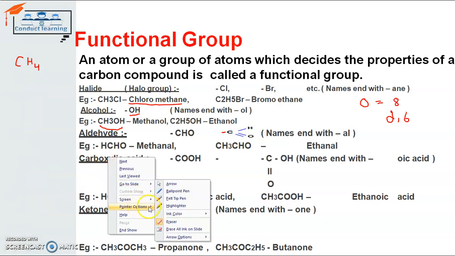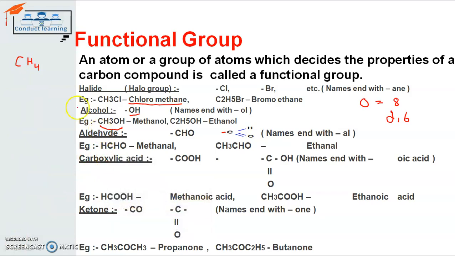As we all know, the chemical formula for methane is CH4, and methane contains only a single carbon atom. This single carbon atom is already there in the functional group of aldehyde. That is to say, the carbon already has a double bond with the oxygen and a single bond with the hydrogen.